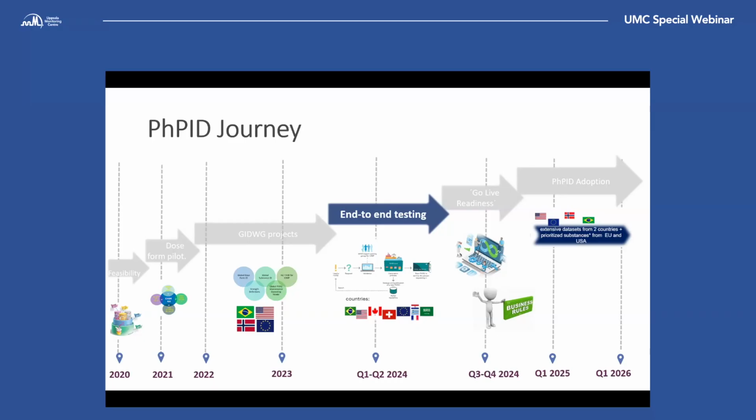Looking ahead to early 2025, what we are busy with right now, we anticipate pre-production PhPID adoption, starting with extensive datasets from some countries, as well as selected datasets from the US and European Union due to larger volumes in those regions. So in just a few years, we've gone from an idea on paper to a globally tested system on the brink of implementation. However, let's focus on the most recent and important projects.